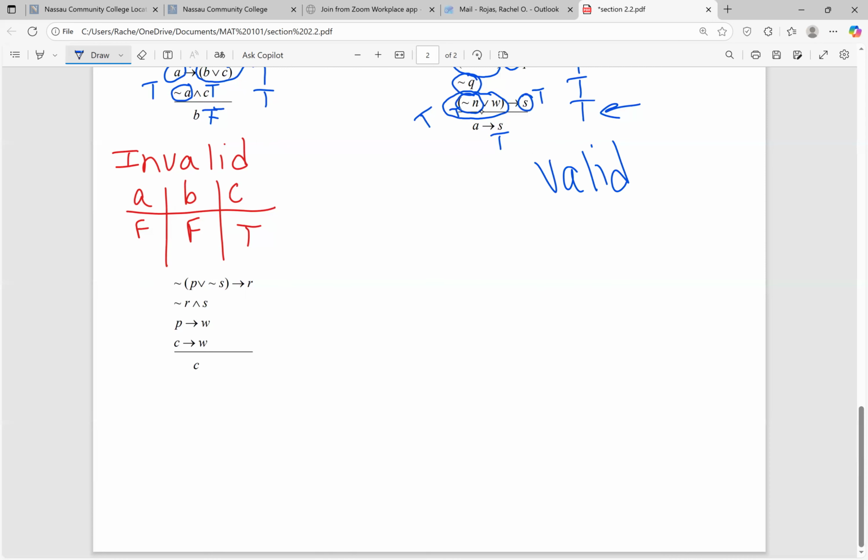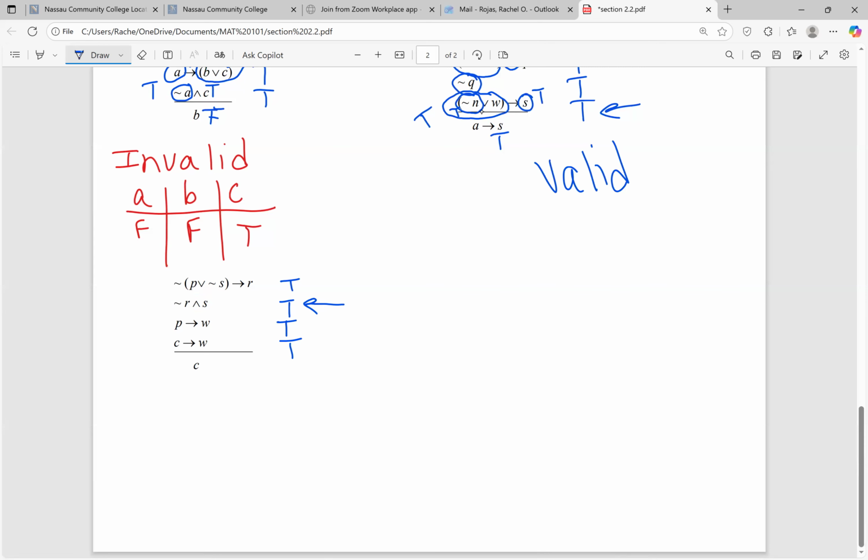So this one here has four premises. We're going to assume that they're all true. So let's try to figure out what the values of P, R, S, W, and C would have to be. So I'm going to start with this and statement, this conjunction, because the only way a conjunction can be true is if both sides of the conjunction are true, right?